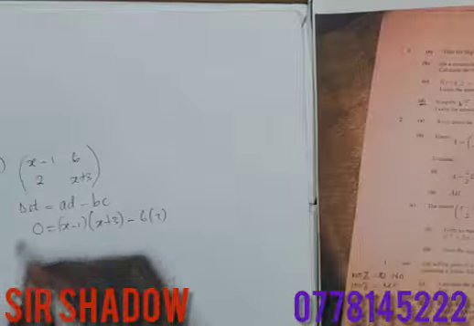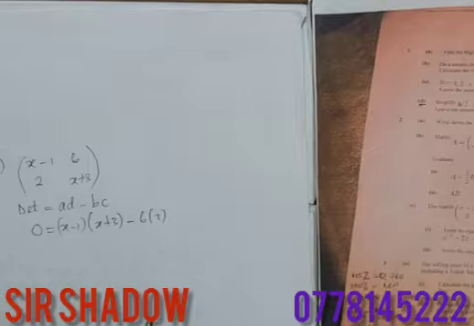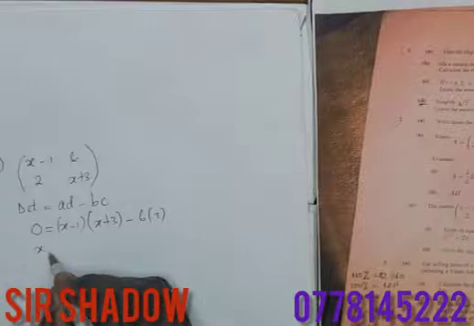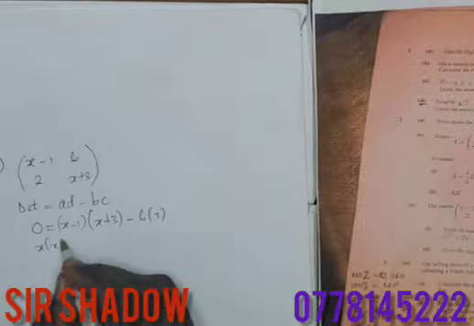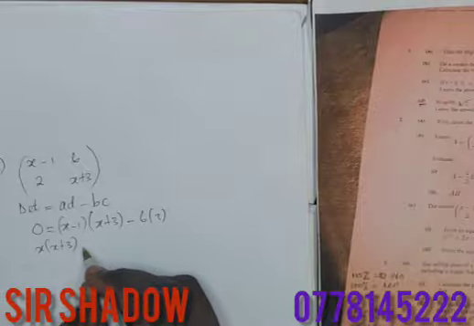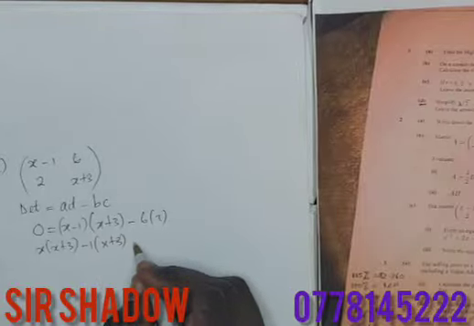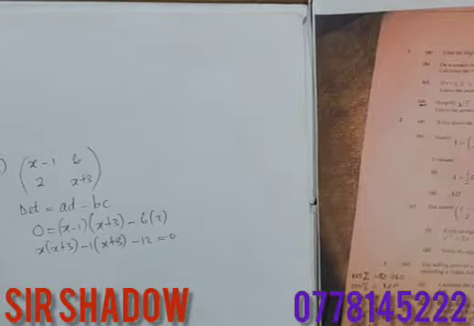The result should be equal to 0 because it is singular. So x minus 1 multiplied by x plus 3, minus 12, should be equal to 0.